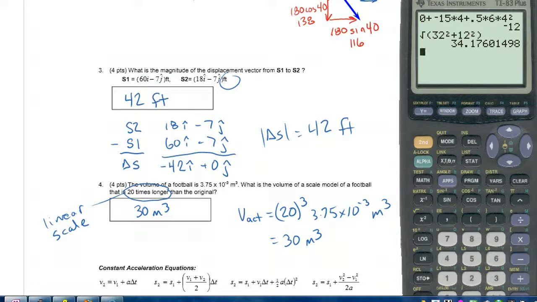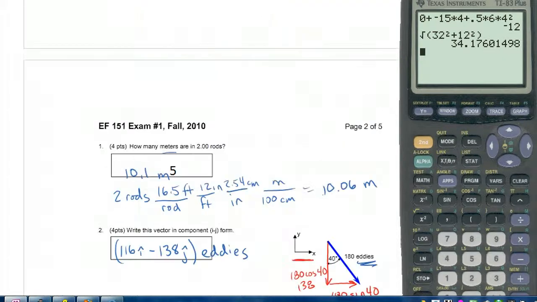And magnitude of the displacement vector. So we start out with feet, so we have units of feet there. We wanted it in ij form. So we got down in the y and positive in the x. Not sure where that 5 came from.